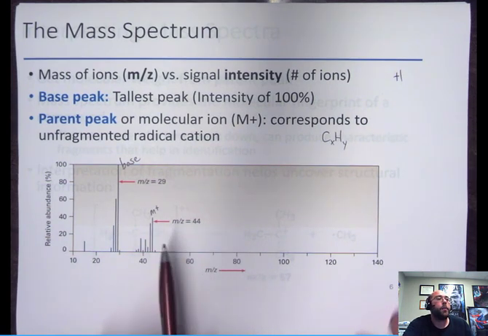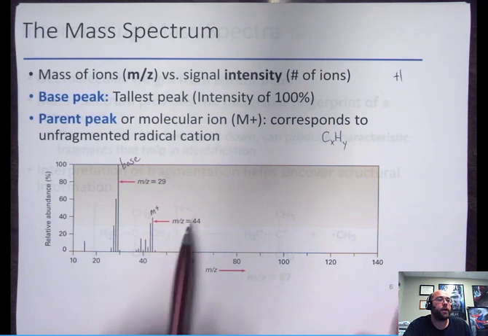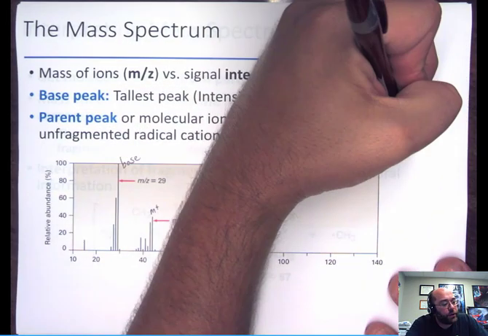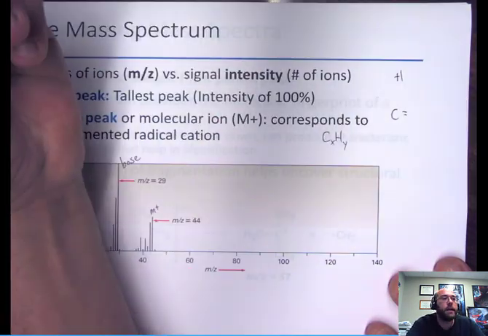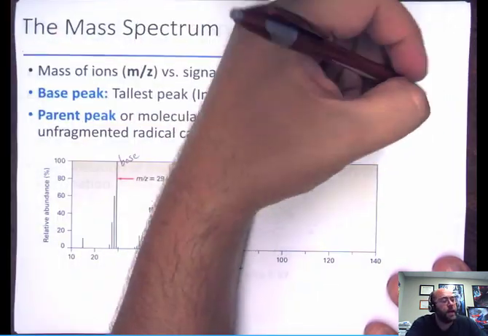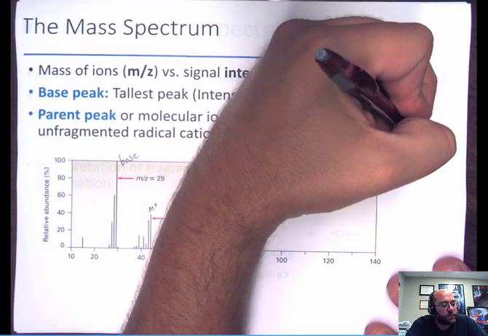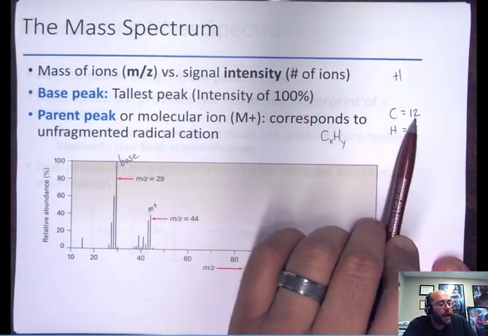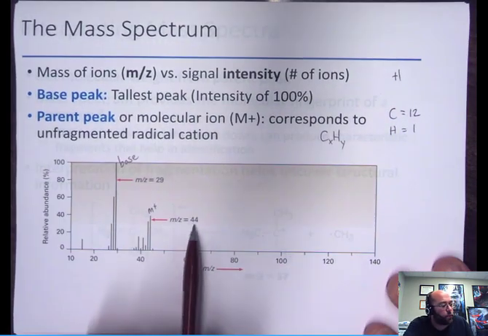If this is understood to be a +1 charge, then to get a mass of 44 here, how many carbons could fit into that? Well, you know that each carbon is approximately 12 AMU, 12.01, and each hydrogen is 1 AMU. So how many times will 12 go into 44?